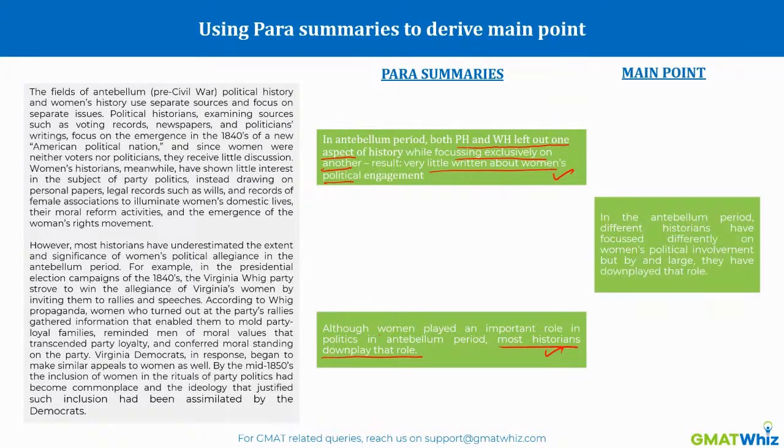So, when I write down the main point summary in my words, I'm going to think, okay, we are talking about a particular period. Different historians, I'm clubbing it as that, focused differently on women's political involvement. But by and large, so this part I'm taking from here, and this part, by and large, they have downplayed, I'm taking from here.